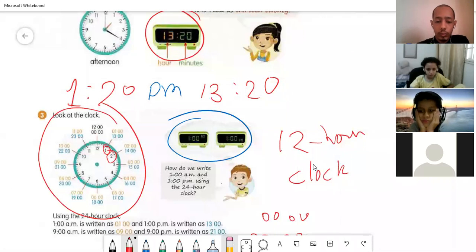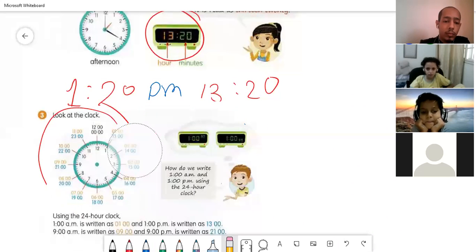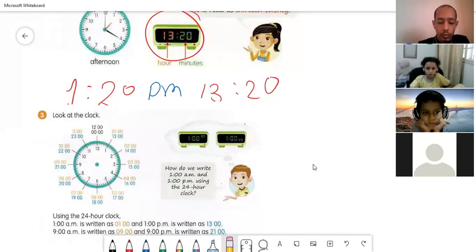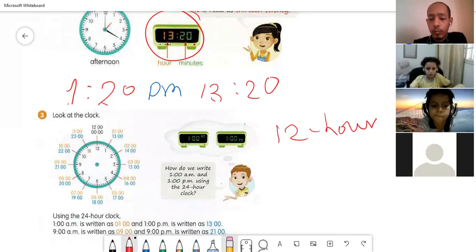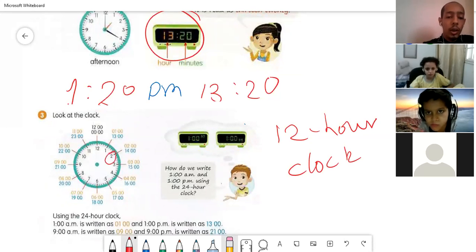All right. Again, listen carefully. If you want to say the time with the 12-hour clock, we can say it is, for example, 2 a.m. or p.m., 5 a.m. or p.m., 9 a.m. or p.m. That is very simple, right?